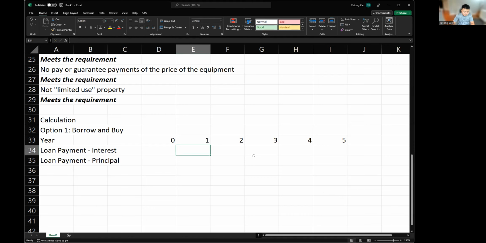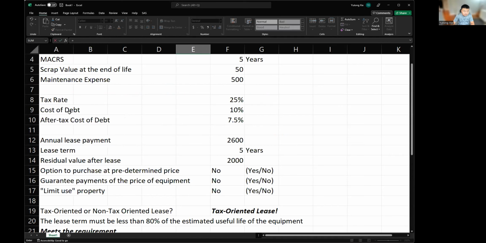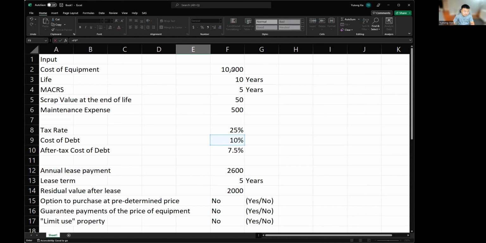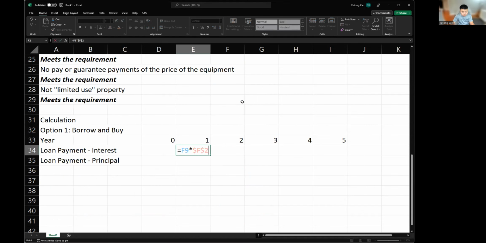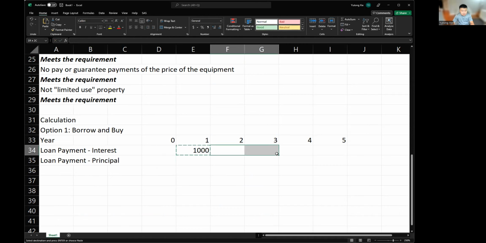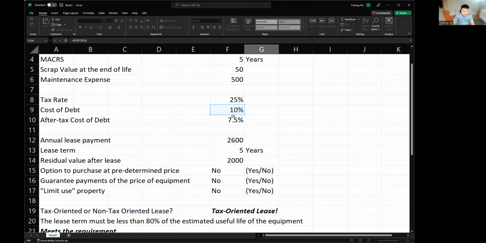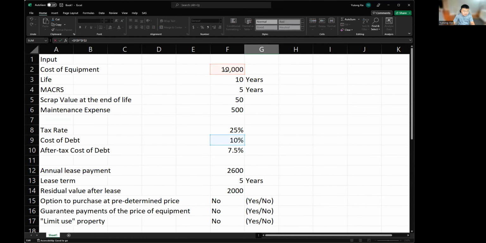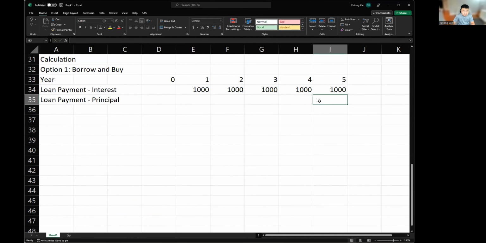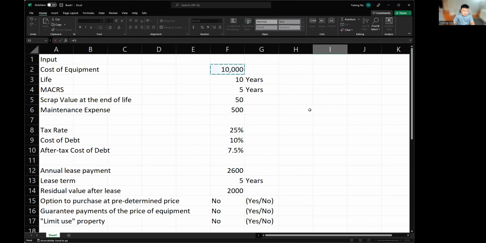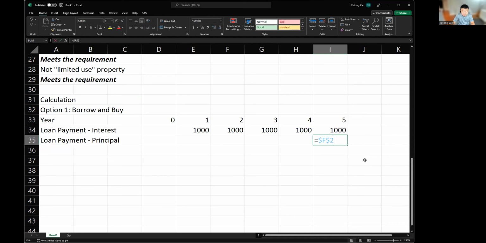So the interest payment will just be the cost of debt, 10%, multiplied with the amount of the loan, which is 10,000. Okay, so I need to put dollar signs in front of both of these so that when I copy and paste, I don't change the cell reference. It's still referring to F9, which is the interest rate, and F2, which is the cost of equipment. And the principal is just equal to the cost of equipment. Okay, 10,000 cost of equipment.